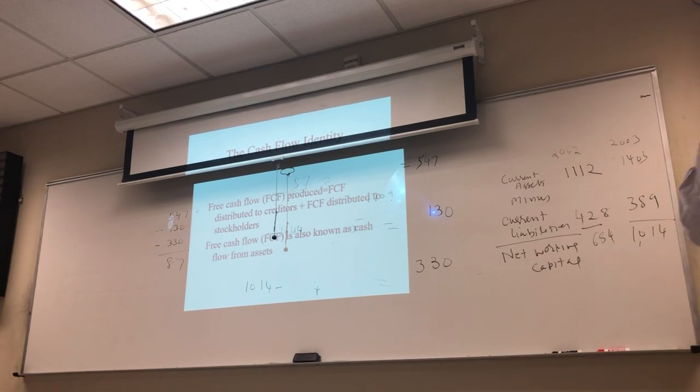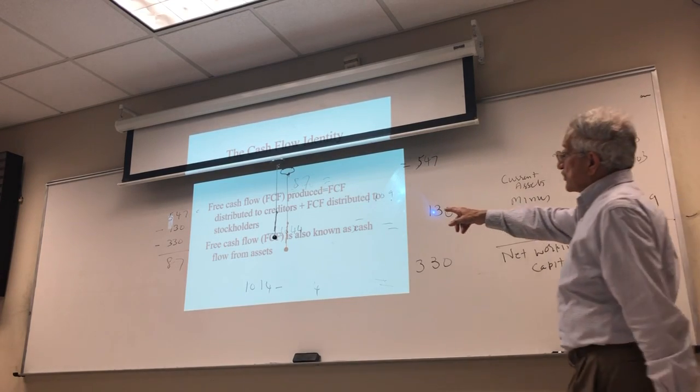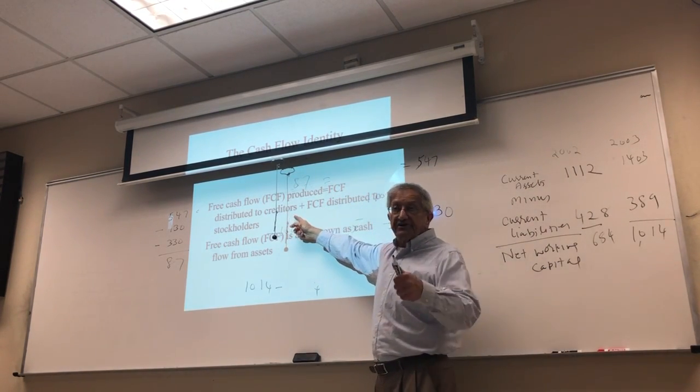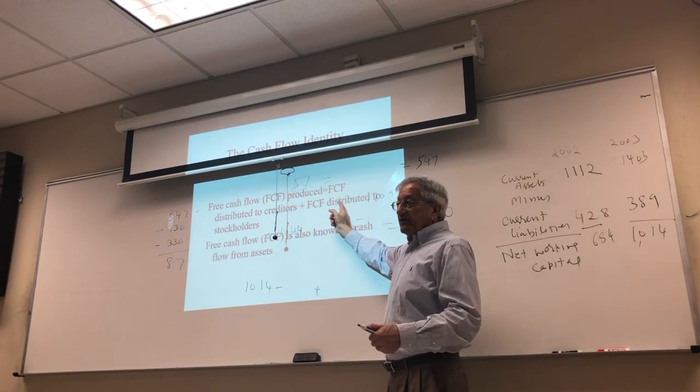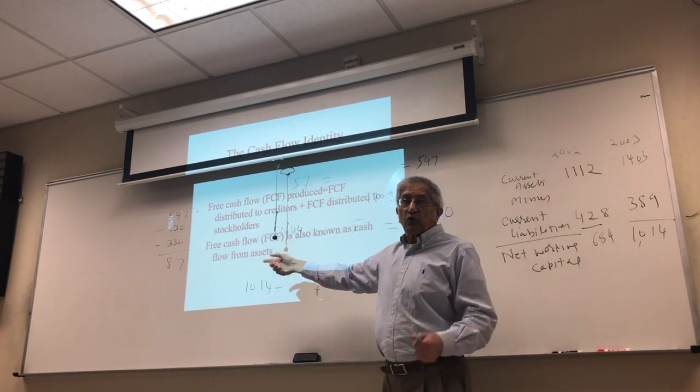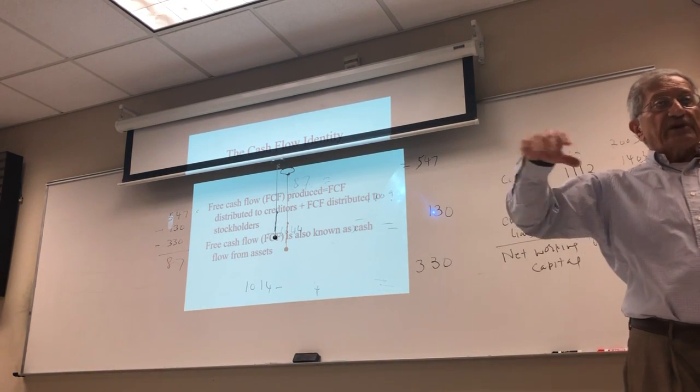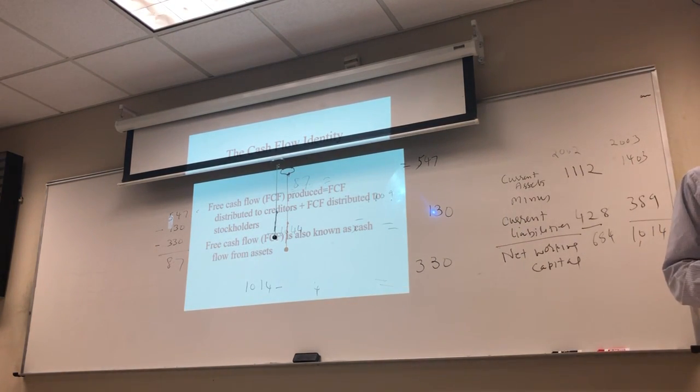So the firm produced $87 of free cash flow. Now our question will be, how is it distributed? How is it divided between lenders and shareholders? Some of it will go to lenders, free cash flow distributed to creditors, and free cash flow distributed to stockholders, owners, shareholders. So 87 will be split two ways. Some portion will go to lenders, the remainder will go to shareholders.